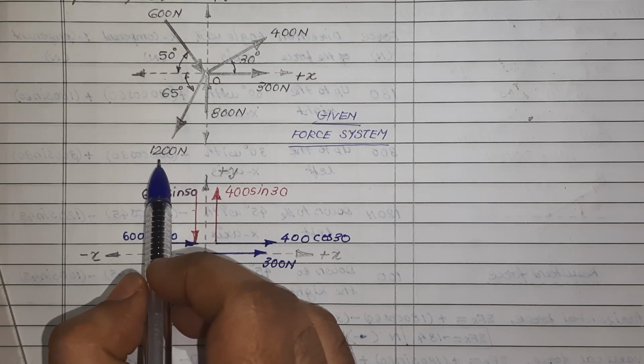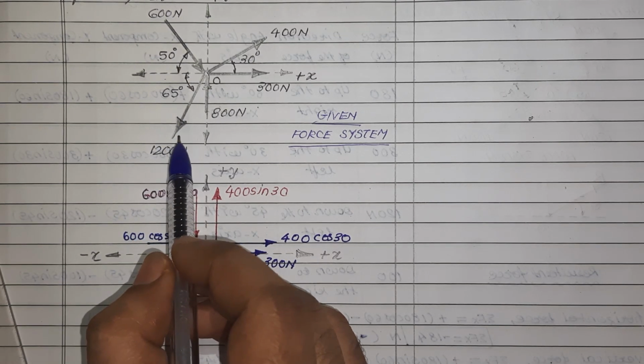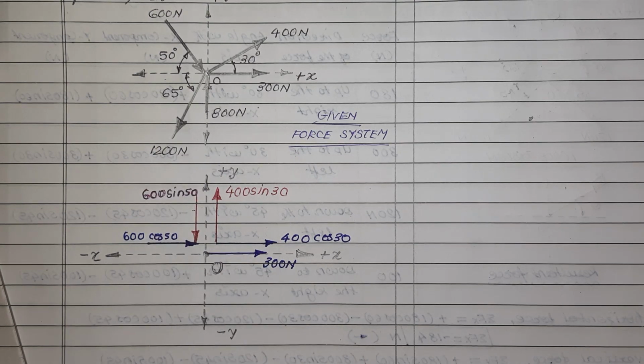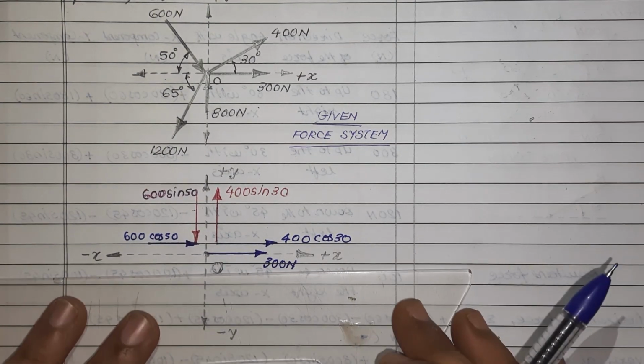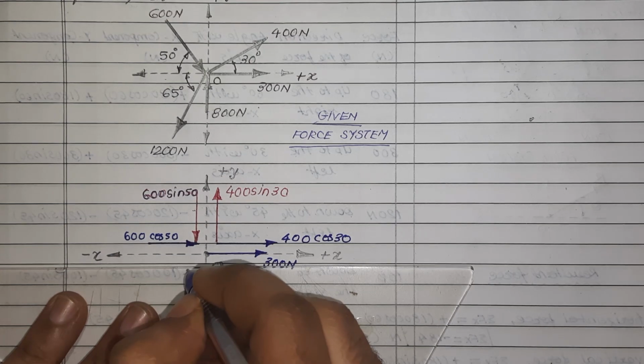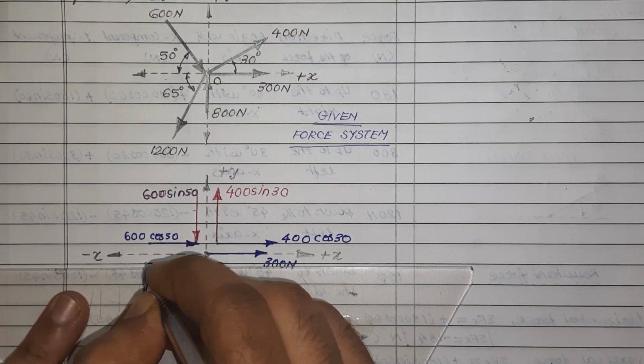Thereafter, we have 1200 Newton force which is going down to the left. So its x component will be leftward and y component will be downward. It will be shown in this way.